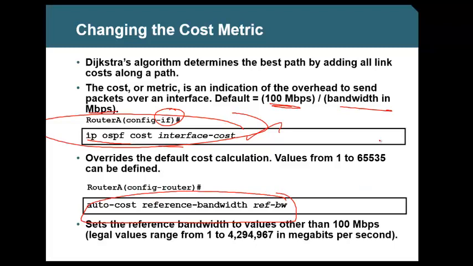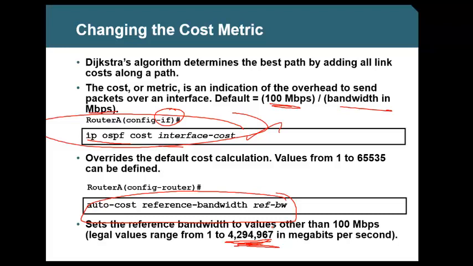I was taking 10,000. You may take anything up to this level. Very big number. I don't know whether we will reach this big number as a bandwidth anytime. It's like 4,000 gig, something like that.